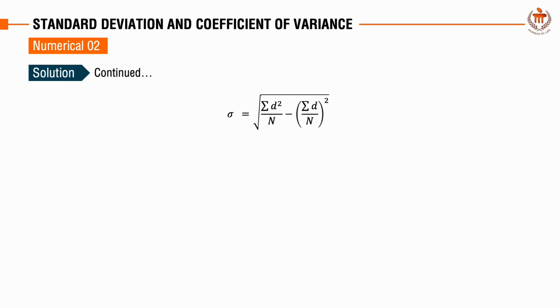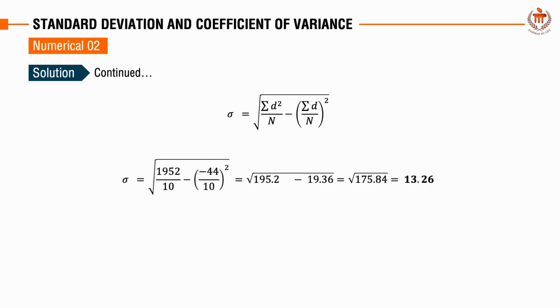So then we apply this formula, square root of sum of d squared by n minus sum of d by n, the whole square. Here the sum of d square we got is 1952 and n is 10, and the sum of d we got is minus 44 and n is 10.